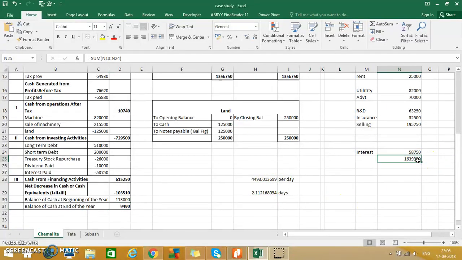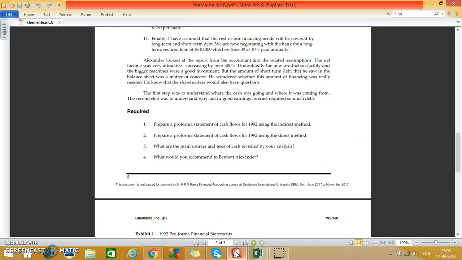16 lakhs and odd is my expenses. For this, I will be able to meet only 2 days of expenses, because on a daily basis I need $4,493. Now, the next thing they have asked is what would you recommend to Bennett Alexander?